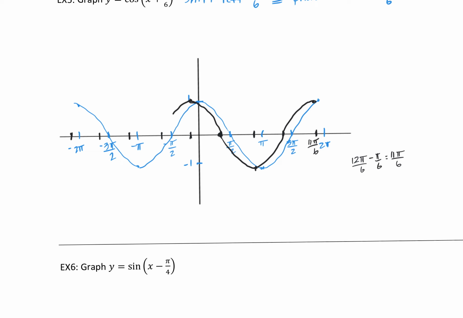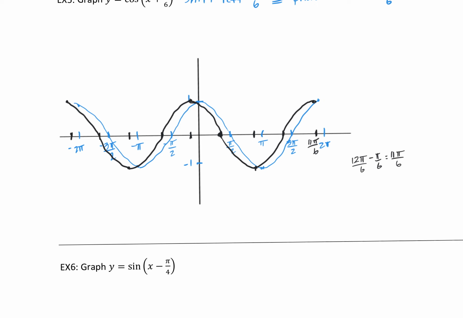Down to 0, then to negative 1, back up to 0, and then to 1. So again, I've just shifted my graph.